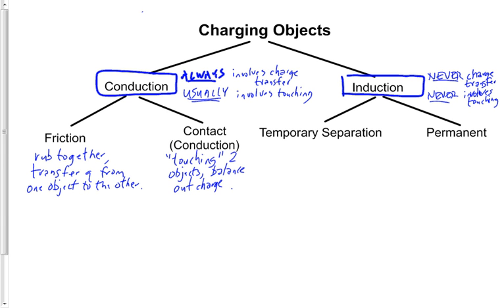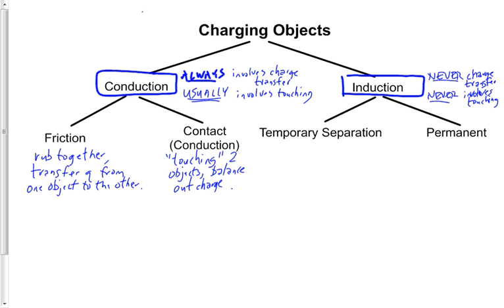What's the most, I shouldn't say the most common, but what's the most obvious example of charging by contact where the objects aren't actually touching? You've seen this a million times, especially when it rains. Lightning strikes, right? That's charging by contact, even though clearly the cloud isn't touching the ground.